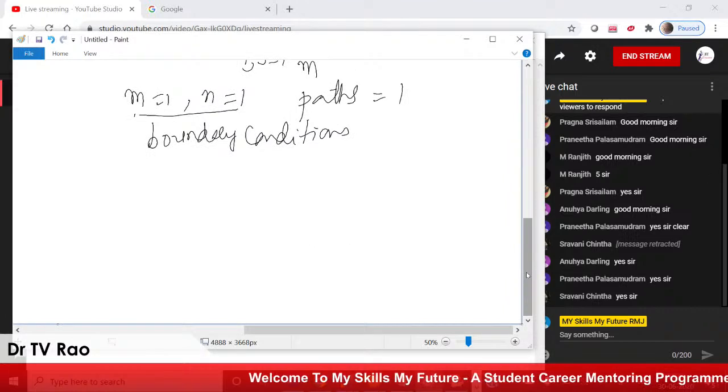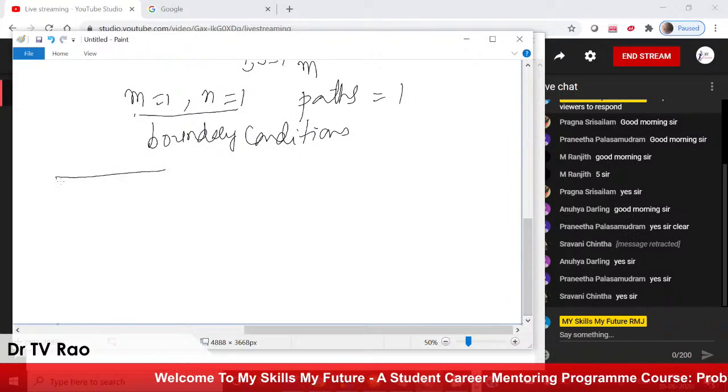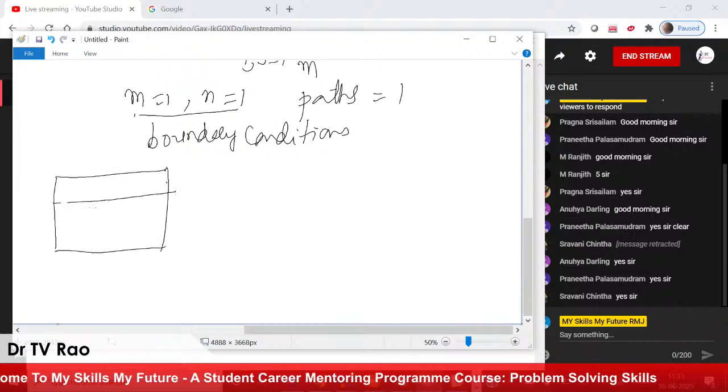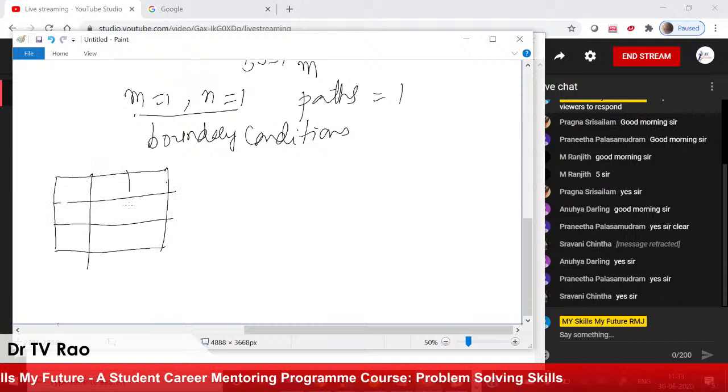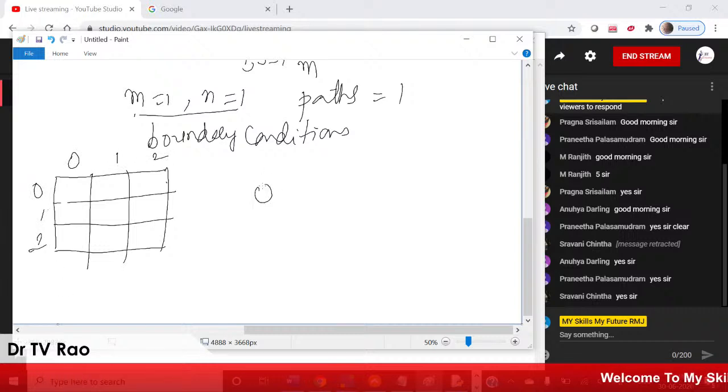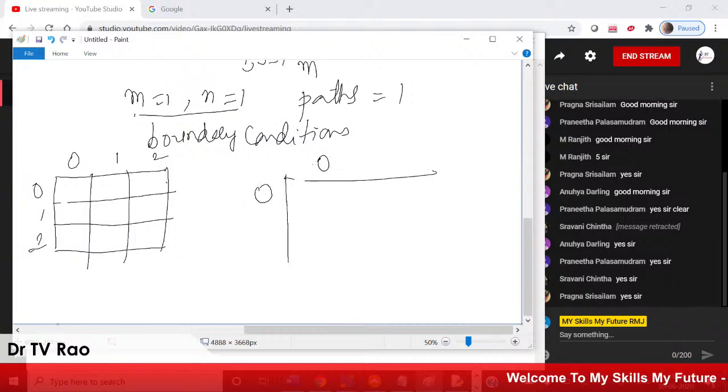Memoization. To see this, let us take a simple case. Assume that we start from here. From 0, 0 to 0, 0, there's only one way to reach.